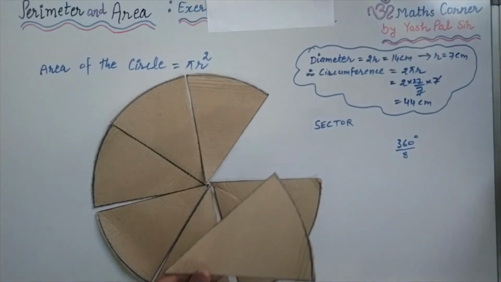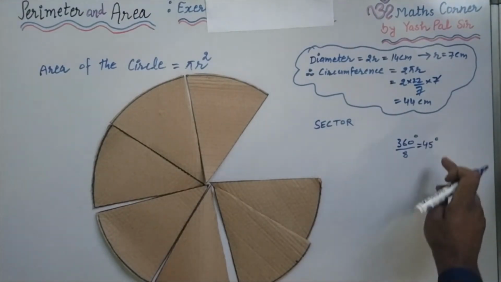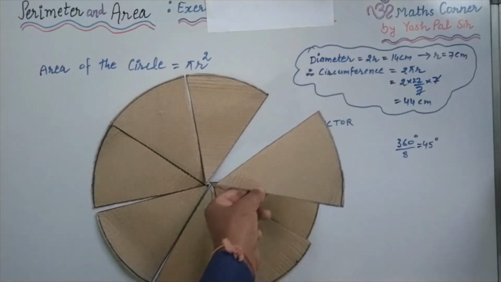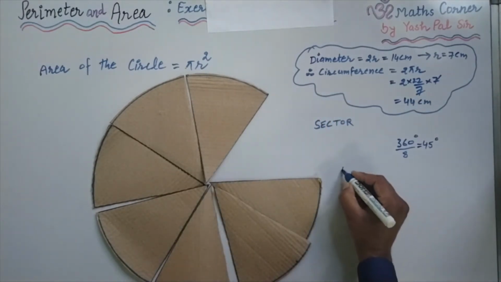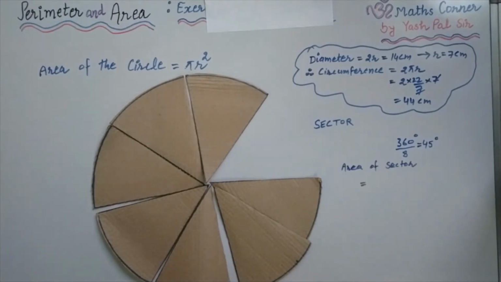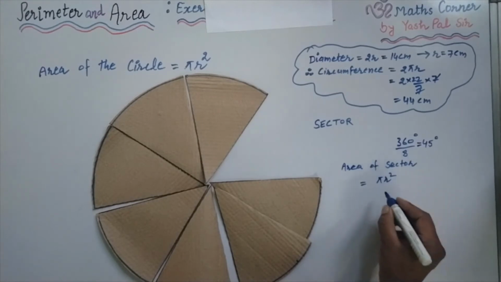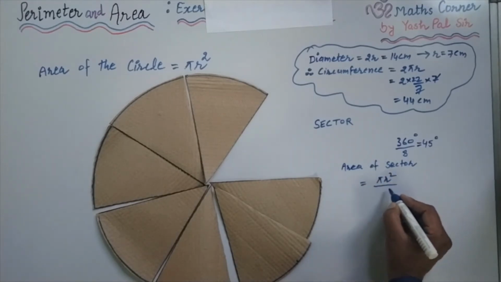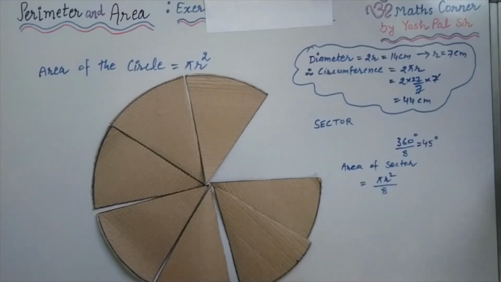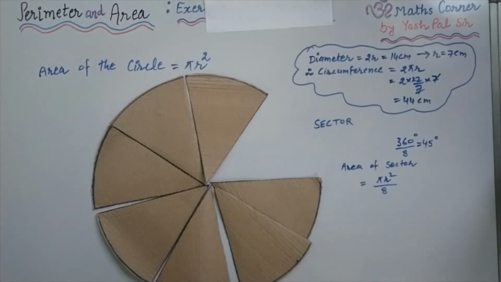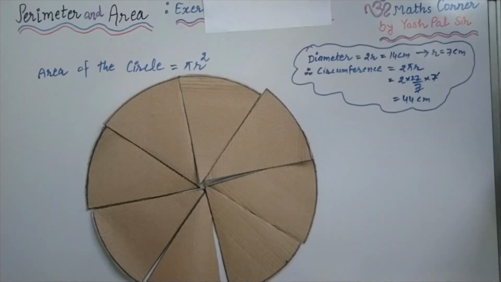We can calculate by dividing by 8. On dividing, we get 45 degree. So in order to find the area of the sector, pi r square was the area of the complete circle, but this is divided into 8 equal parts, right? So this way we can find the area, depending on how many equal parts we are making here.